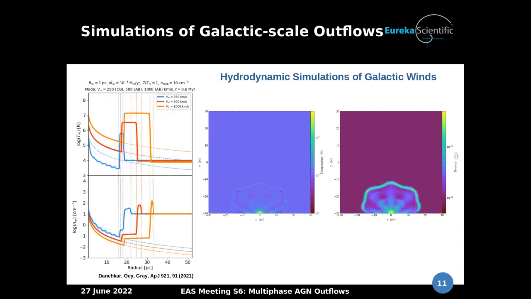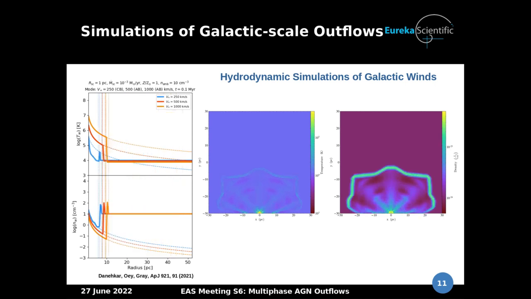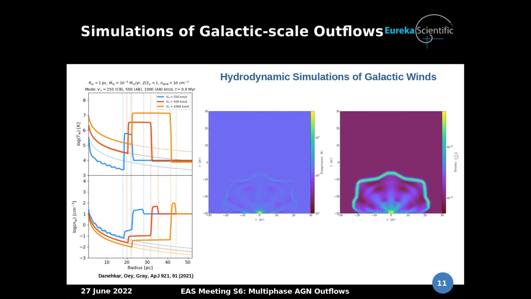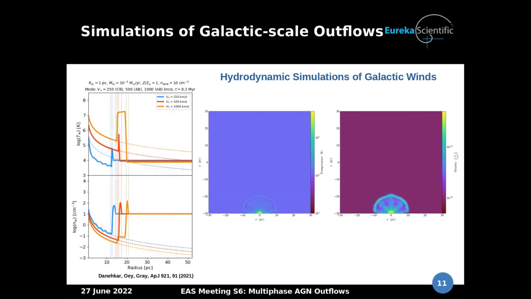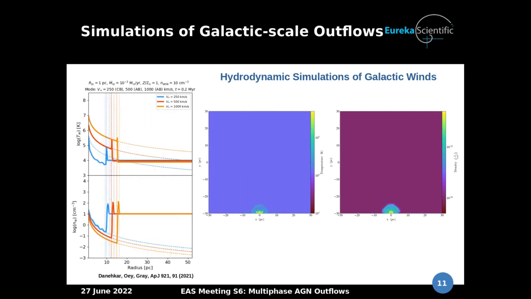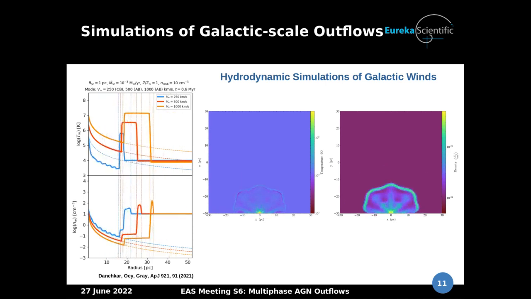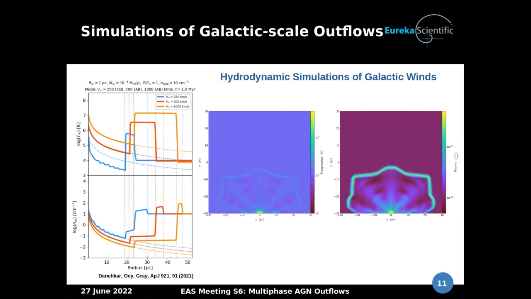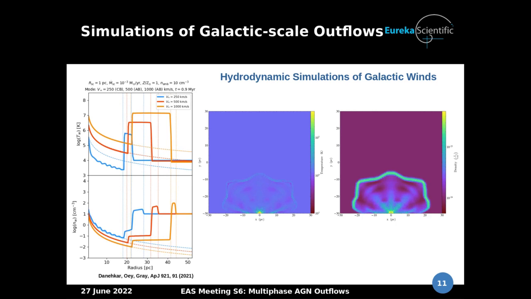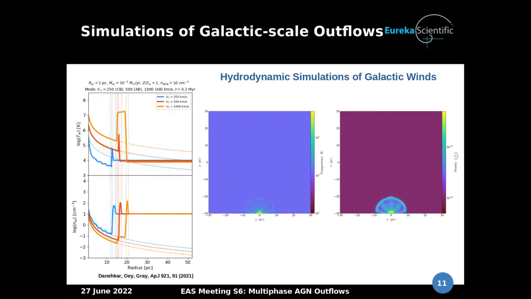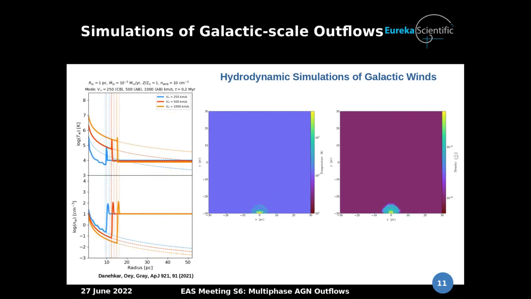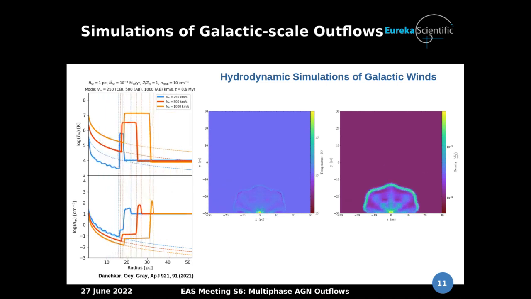There are 3 different winds with 250, 500 and 1000 km/s. And as you see, in the slower wind we have stronger radiative cooling, which contributes to a departure from adiabatic flow. On the right, I show the 2D simulations which show the formation of a large-scale bubble.